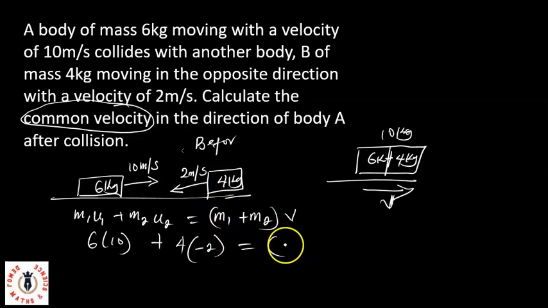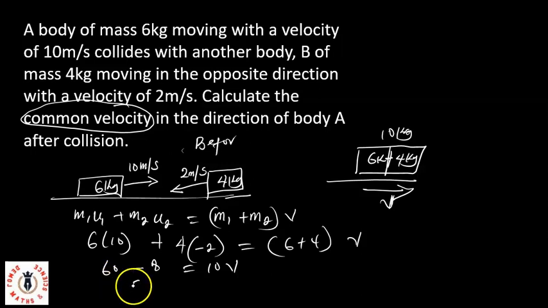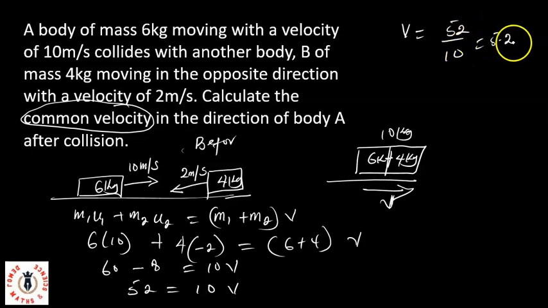That equals 6 plus 4 into v. So 6 times 10 is 60, minus 8, is equal to 10v. 60 minus 8 is 52, which equals 10v. So v is equal to 52 over 10, which is 5.2 meters per second.